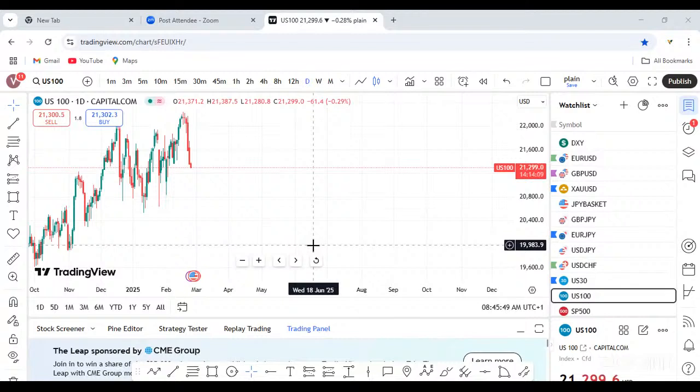And one other thing that is moving the US indices, that's the US 30, 100, and NASDAQ, is the expectation from the biggest AI company in the US, NVIDIA. NVIDIA's earnings report is coming out tomorrow, and we are expecting to see what the number is going to be.